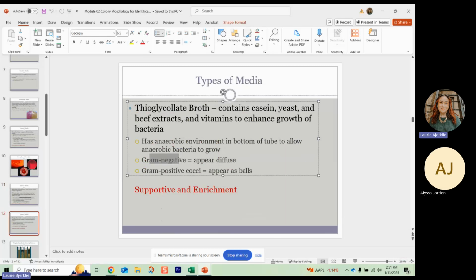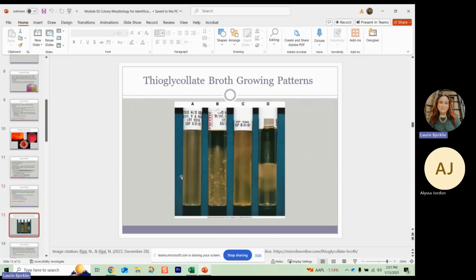If they are gram-negative bacteria, they will appear cloudy throughout the entire broth, or what we call diffuse. The entire broth will be cloudy or diffuse looking if it's more of a gram-negative organism. If it's a gram-positive cocci, or balls, it can sometimes take on these cloudy little spheres or ball shapes in the broth. So we have a picture here.